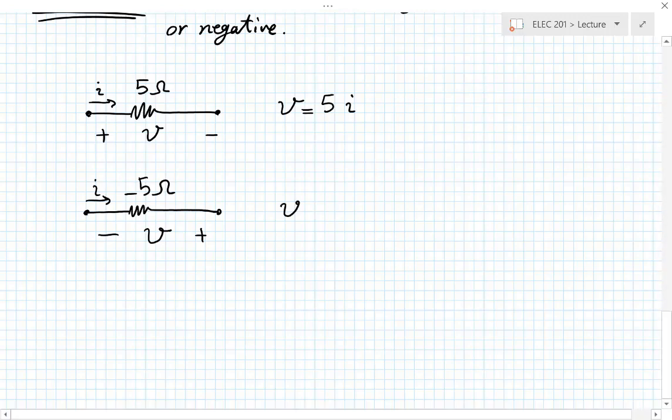And I say, I want you guys to take a moment to look at what I've done there, to see whether these two pictures are completely equivalent or not.